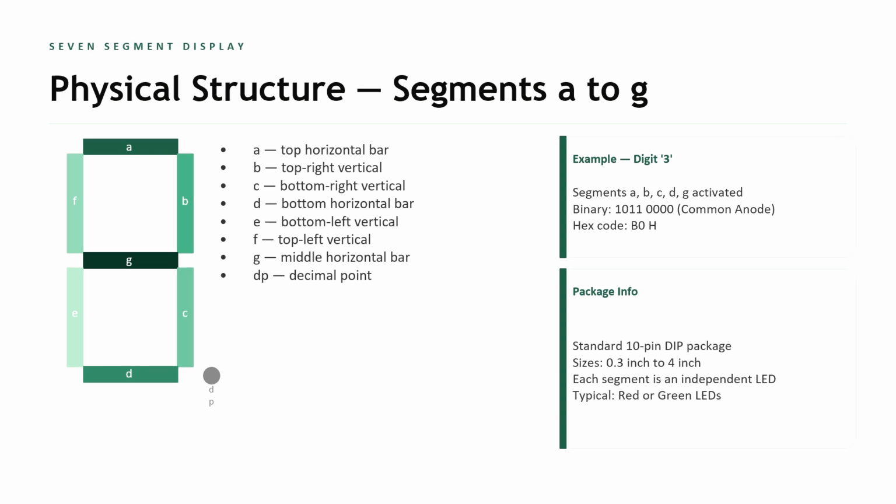The example on the right shows digit 3. To display 3, we activate segments A, B, C, D, and G in the common anode configuration. The binary code is 10110000, which is B0 hex.